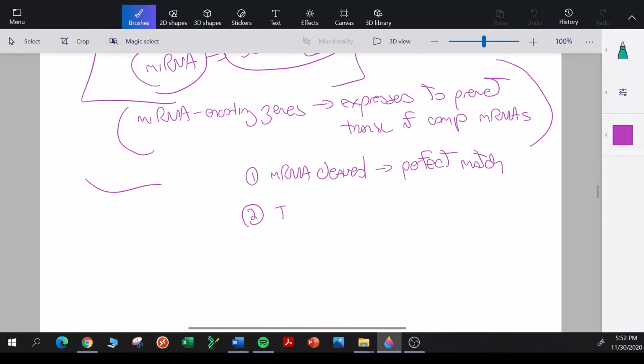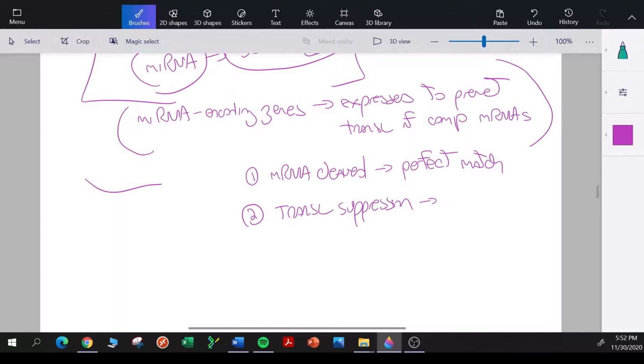We can also just have translational suppression. So just having that RISC complex stuck on that messenger RNA, translation of that messenger RNA can be suppressed by mechanisms that aren't always quite that clear yet.